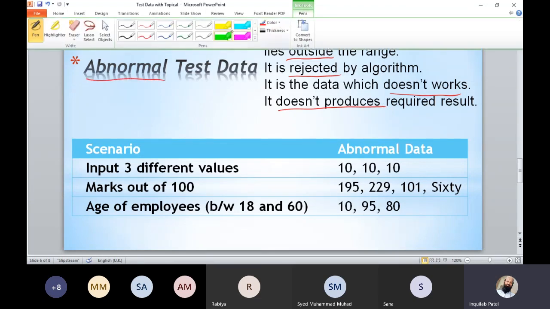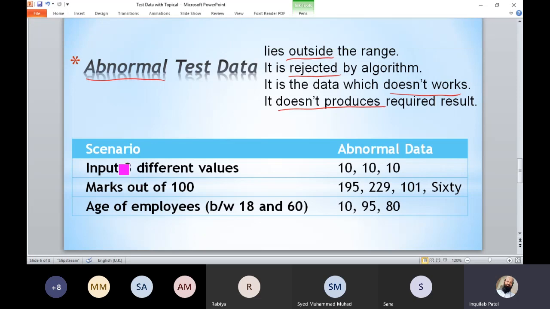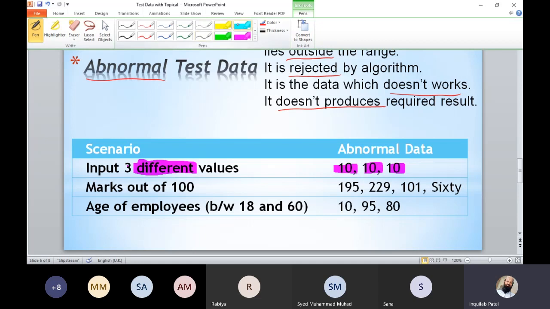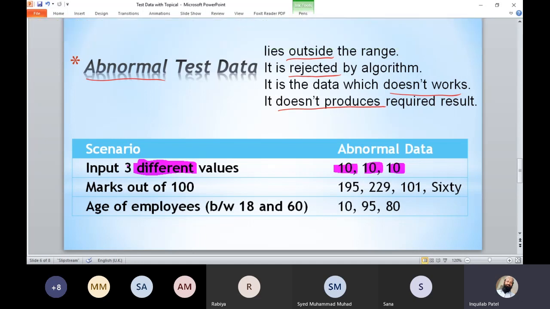For example, you are asked to input three different values and you have entered 101010, it will be abnormal data. You are asked to input marks out of 100 and you have entered 195, 29, 101, or sixty.